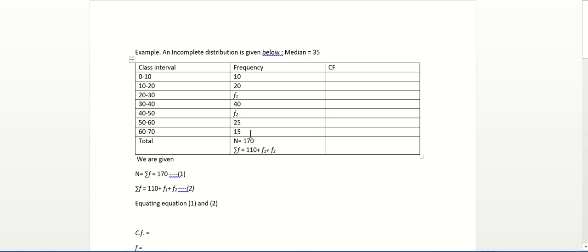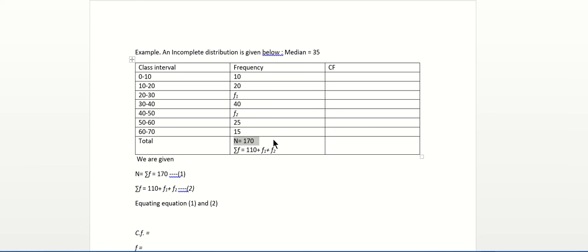Okay, so we need to find the missing frequencies. One more thing is already given to us, that is n equals 170. That is also given in the question. So we have to calculate those two frequencies, F1 and F2. The total of all the frequencies is already given to us, 170.